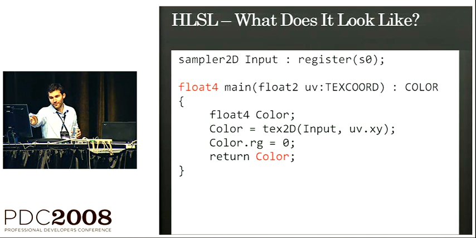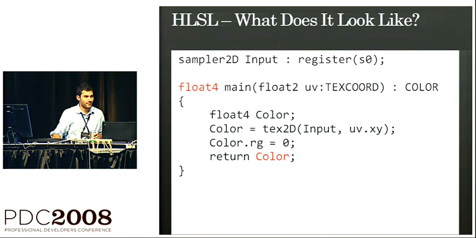This program returns a float 4, and you can see down at the bottom of the program it's returning color, which is obviously a float 4. All it's doing is it's reading the value from the UV coordinates that are given to it, and then it's setting the red and green color channels to 0. And you can see the way I indexed color.rg, you can index multiple values and just set them all at the same time, so it's easier than doing them separately.